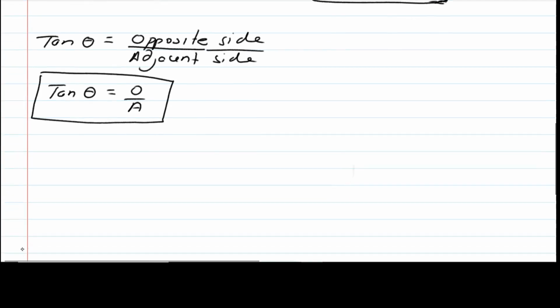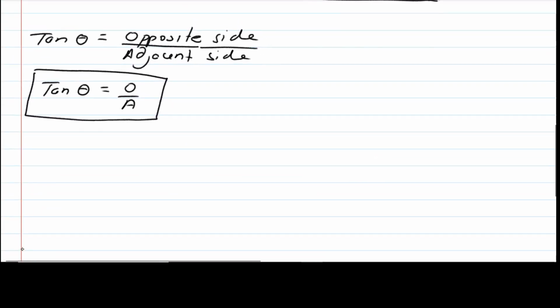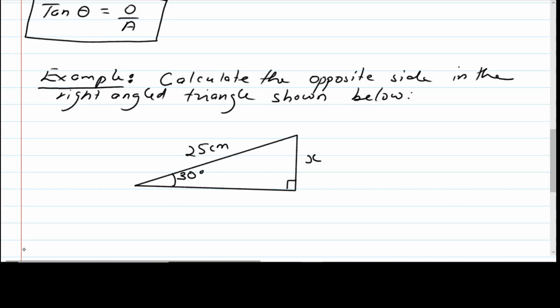So what I'm planning to do is, the first example I'm going to do is, this example over here says calculate the opposite side in the right angle triangle shown below.